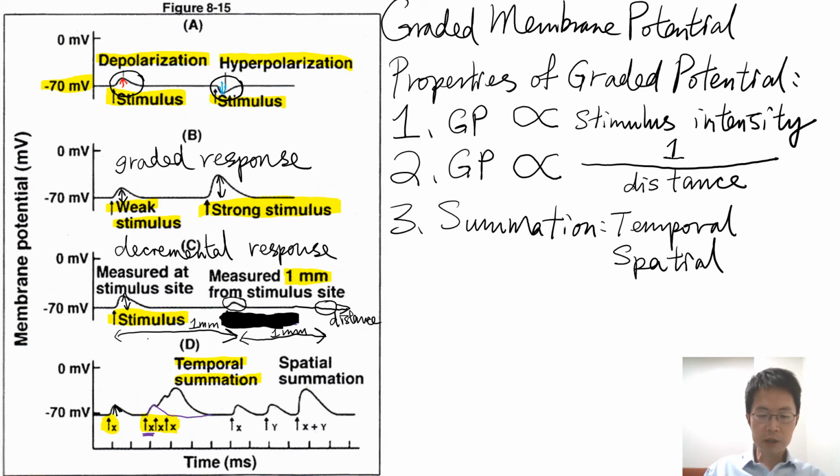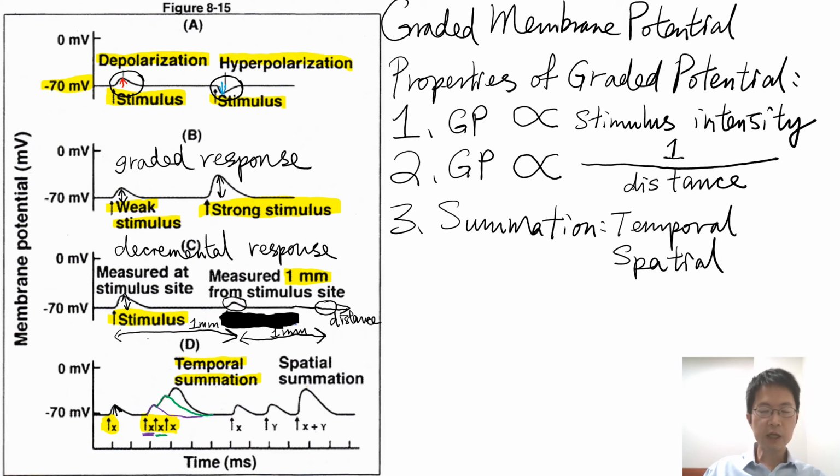Before the graded membrane potential disappears, you give another shock here. Then the second shock will produce a graded potential on top of the first one, and then it should die down like this.